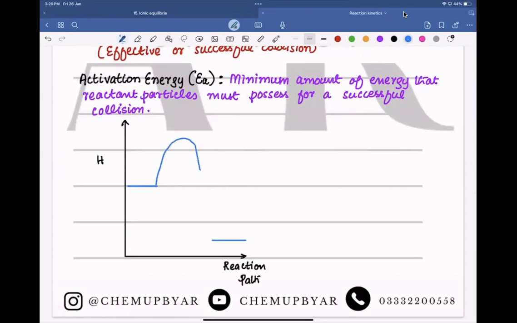And the reaction proceeds in this way. So here we have the reactants, here we have the product.